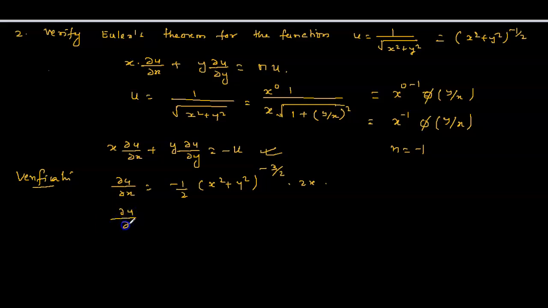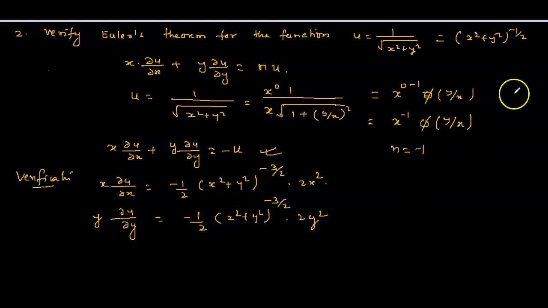And del u by del y is equal to minus half x square plus y square to the power of minus 3 by 2, with inside differentiation 0 for x square and 2y for y square. Now we multiply by x, which gives x square, and by y, which gives 2y square.